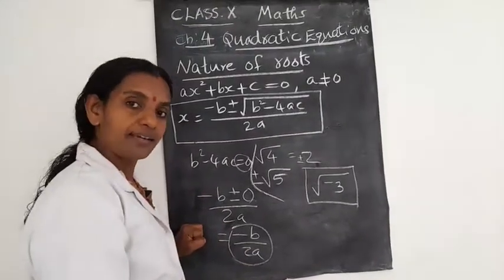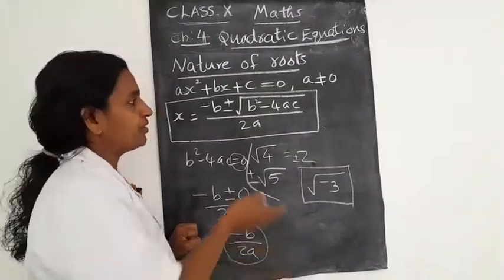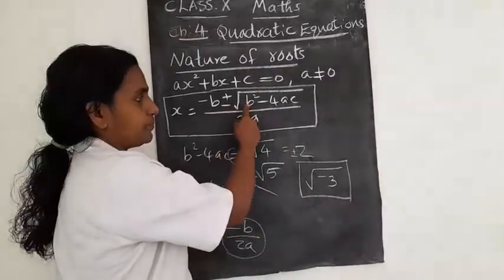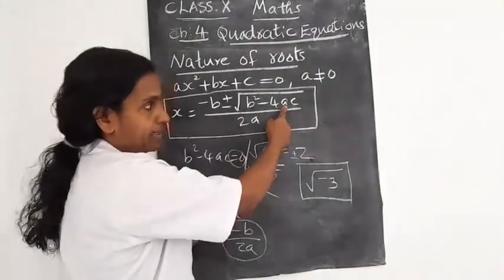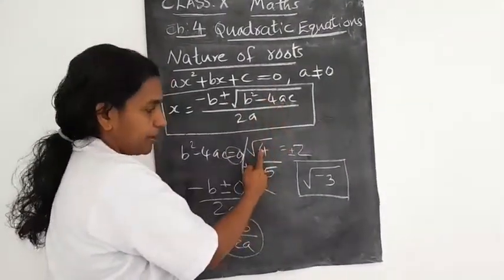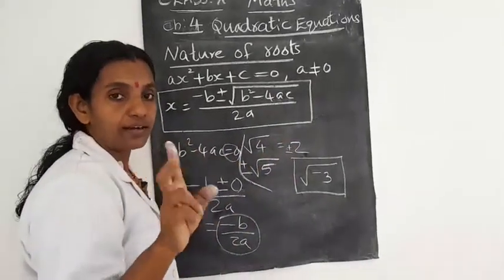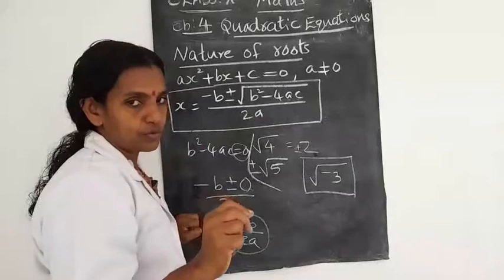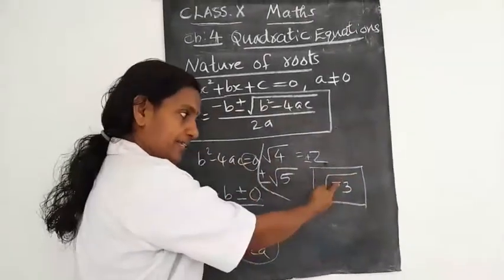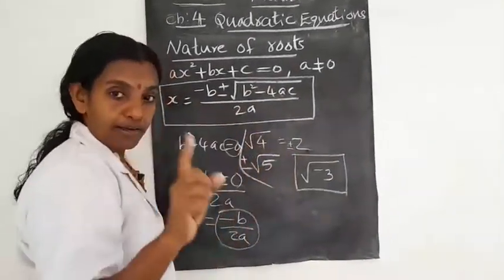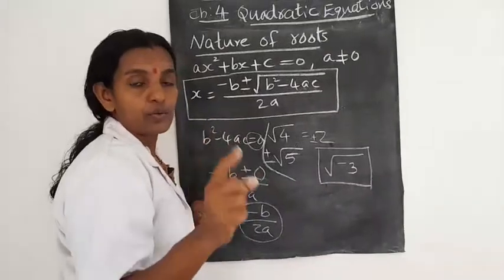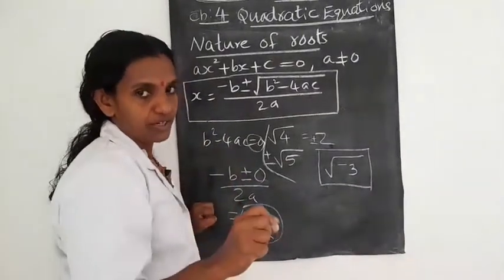The roots are equal. So inside the square root symbol, b² − 4ac is there. If this value is a positive number, then we can find 2 distinct real roots. If it is a negative number, we cannot find the real roots of the given quadratic equation.